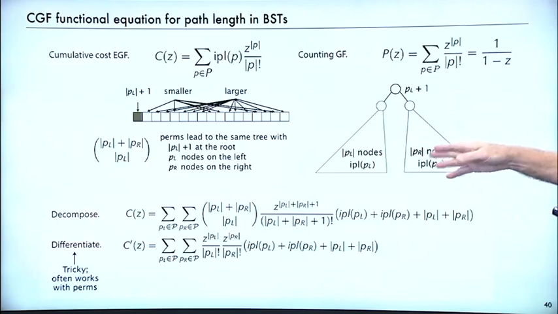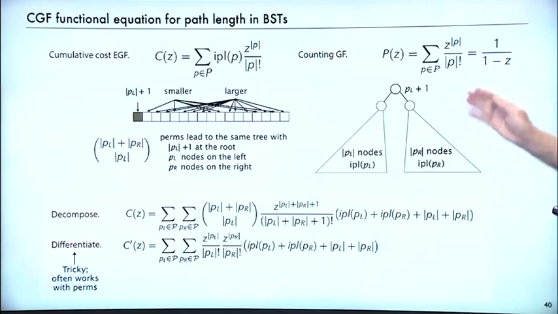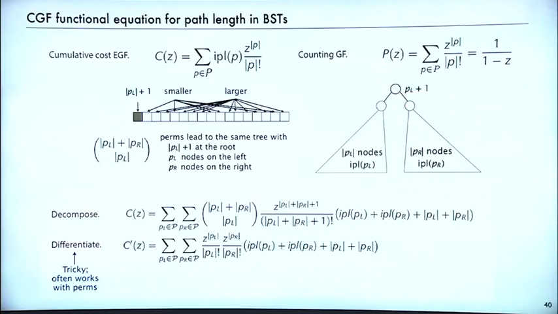So this is a trick that often works with exponential generating functions. Differentiate, then cancel the PL plus PR in the binomial coefficient, and you're left with the PL factorial, PR factorial. And now you've got a very simple double sum that completely decomposes and separates.